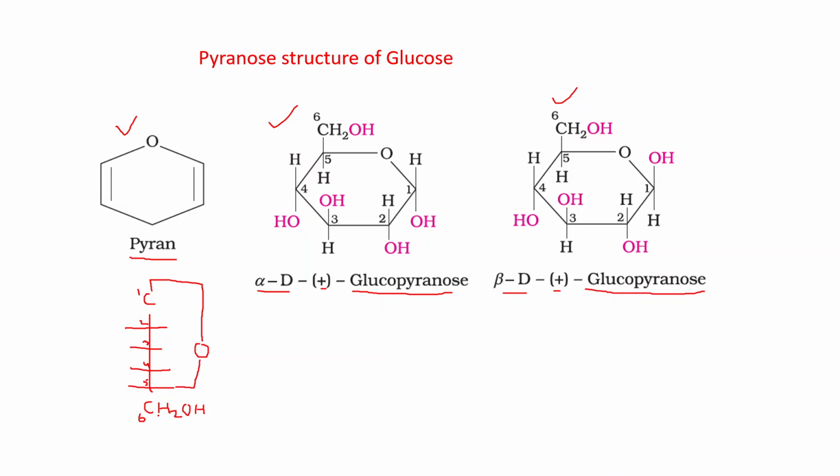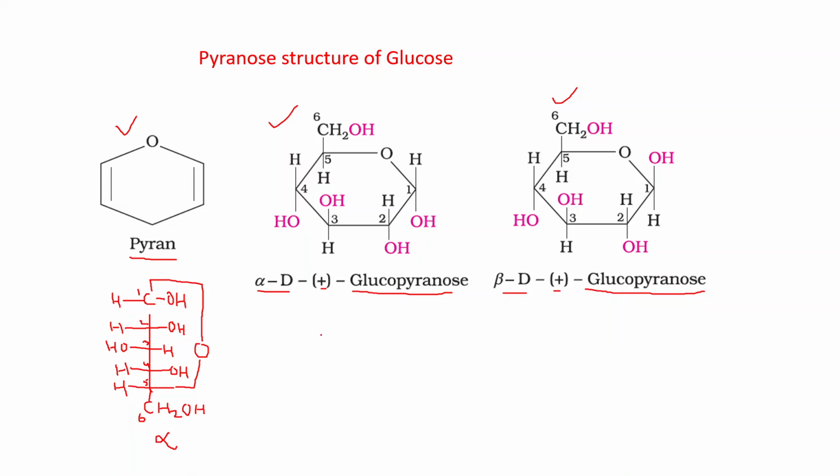In the case of alpha glucose, OH is on the right side like this, and on the second carbon atom again OH is on the right side, but on the third carbon atom OH is on the left hand side. On the fourth carbon atom, OH is on the right hand side. And on the fifth carbon atom, this H, and this one is the sixth carbon atom.